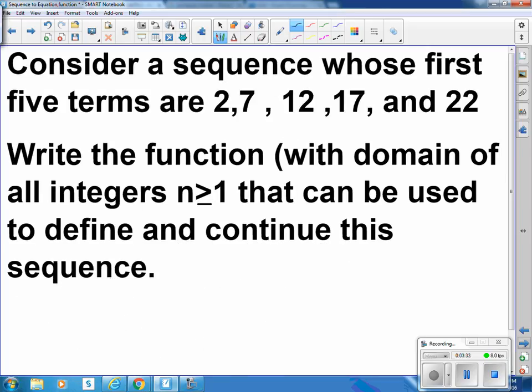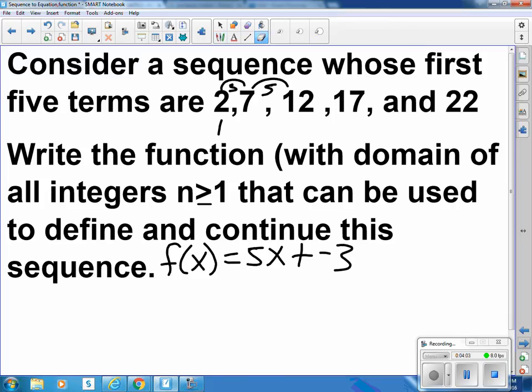A sequence whose first five terms are 2, 7, 12. So f of x would be going up by 5 each time. 12 minus 7 is 5. 7 minus 2 is 5, so it's 5x. But this is the first one, so if x is 0, then I'd go 5 less than that, so that'd be negative 3.